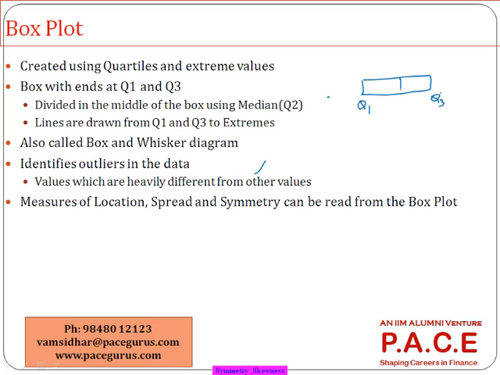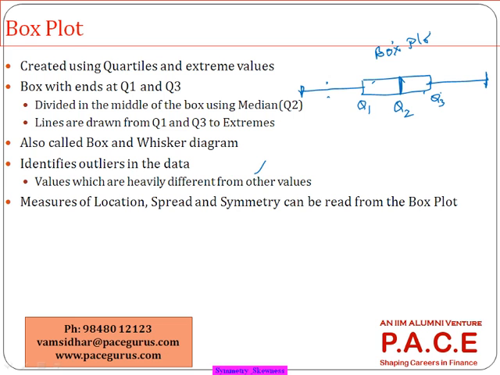The median is plotted somewhere in the middle, and the lower values, because Q1 will divide it so that 25% of the values will be towards the left of it. So the lower values, and probably this is my minimum, and these are the higher values. This is my maximum, and this is what is called a box plot.